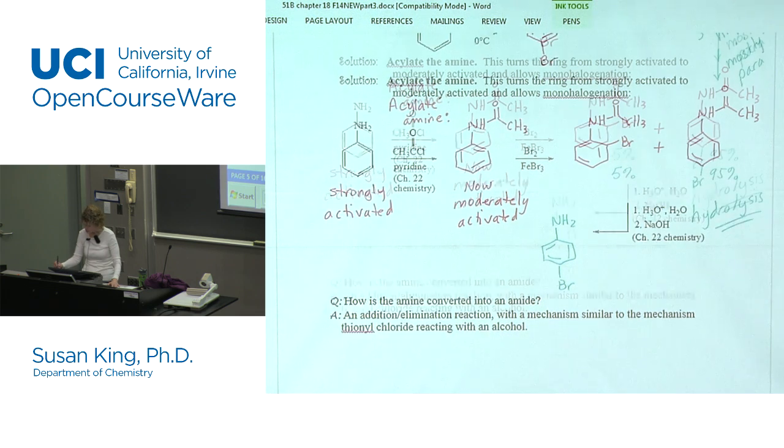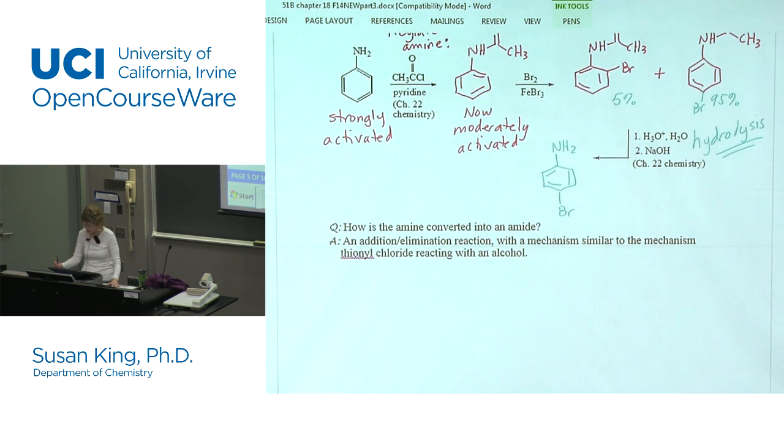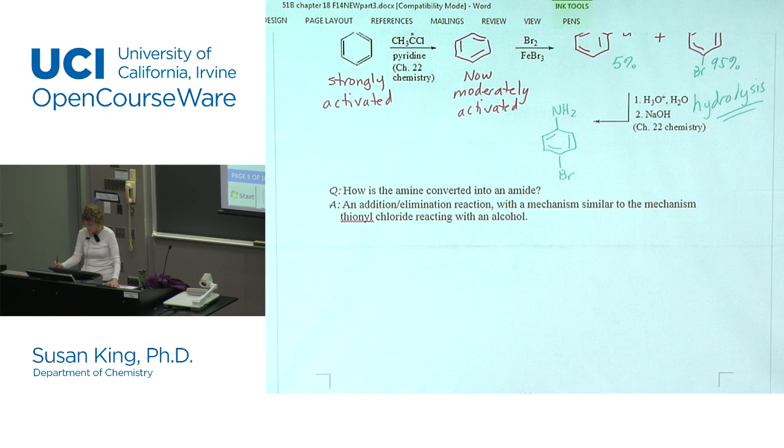I do want to show you how the amine is converted to an amide. It's an addition elimination that's similar to the mechanism for thionyl chloride. Let me show you. You don't need to know this mechanism, but some of you need to see this. It helps you understand what's going on, and that makes it easier to remember the reaction.